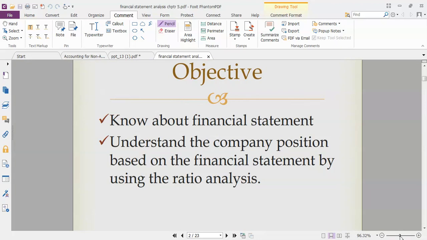The objective is to know about the financial statement. You already know the financial statement.